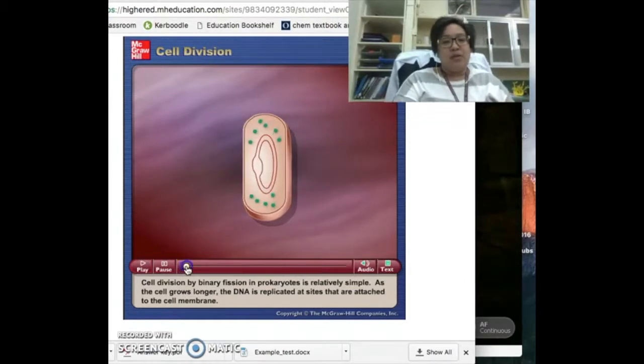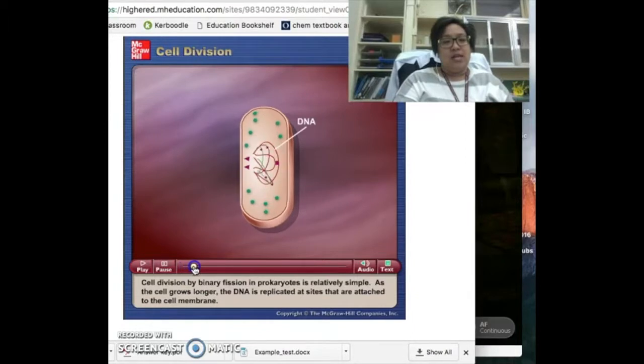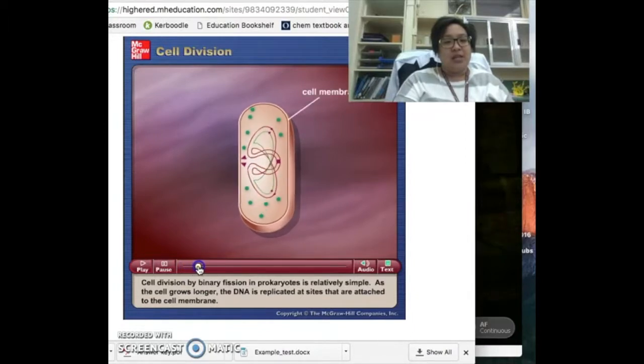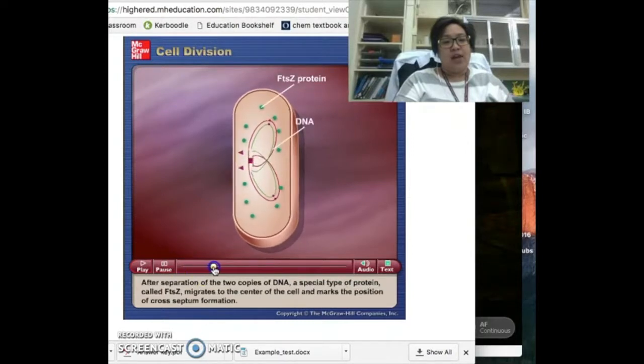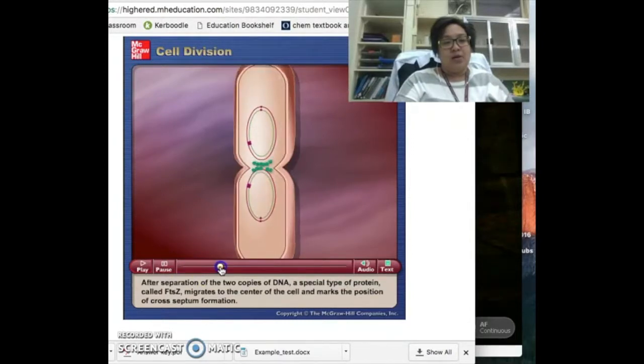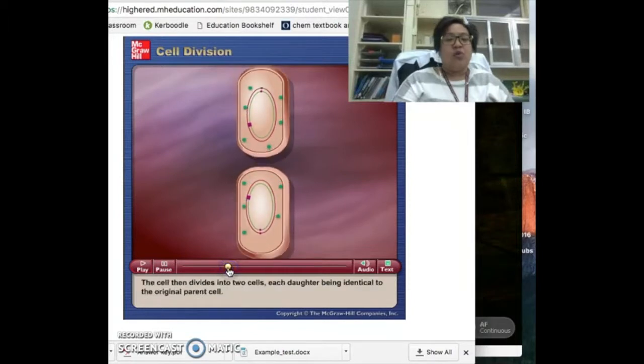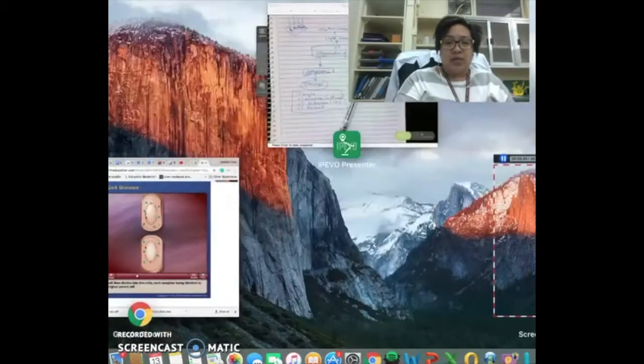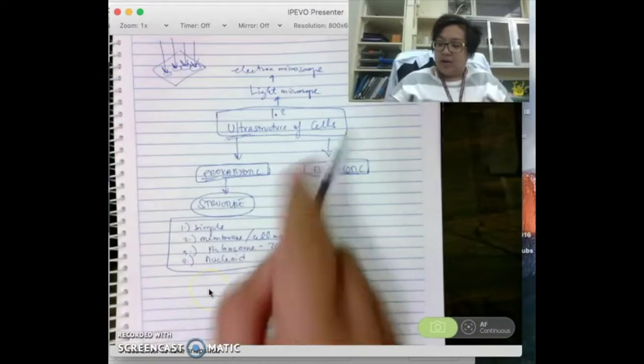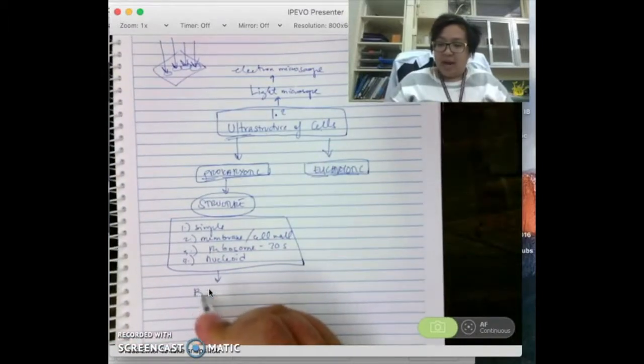What happens is the cell elongates, the DNA replicates, and then it will pinch off in the middle. There you go, dividing it into two. So that's it. That's how they reproduce. It's a very simple process, and we call this binary fission.